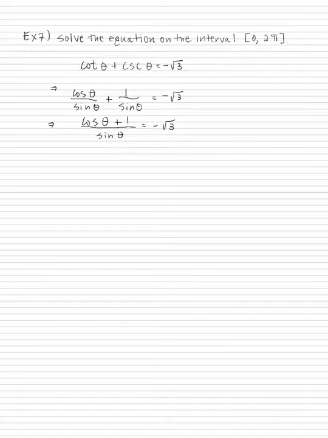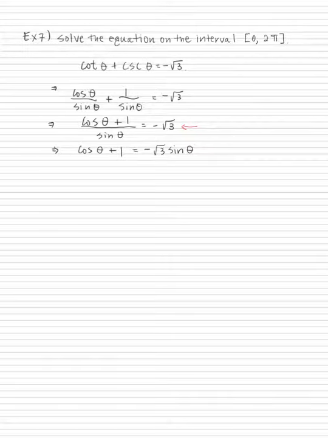Okay, now multiplying by sine theta on both sides, we're going to have cosine theta plus 1 equals negative square root of 3 times sine of theta. Now before I move on, let's look at this step right here. There's something very important. Notice that since sine of theta appears in the denominator, sine of theta cannot be 0.